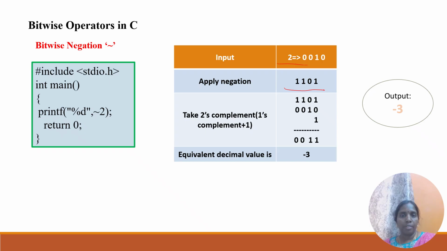So when you convert this, the value becomes 1, 1, 0, 1. Then you have to take the 2's complement of the result. So the 2's complement of the result is 0, 0, 1, 0 plus 1. So plus 1 is 0, 0, 1, 1. The equivalent decimal value is minus 3.